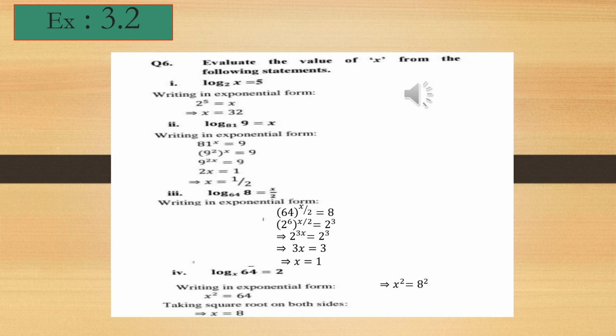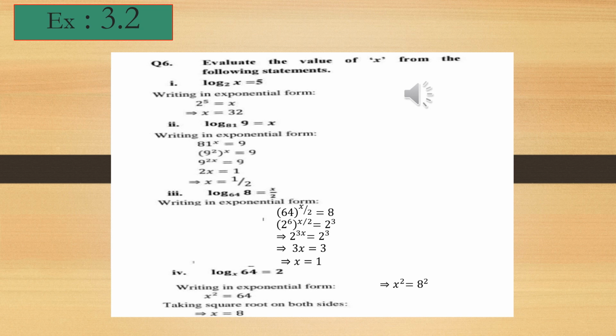So according to the rule, if the bases are the same, then their exponents will be the same. This implies that 2x is equal to 1 because the bases are the same, so they will cancel out each other. So in the last step we will get the answer, that is x is equal to 1 over 2 by shifting 2 from the left hand side to the right hand side.